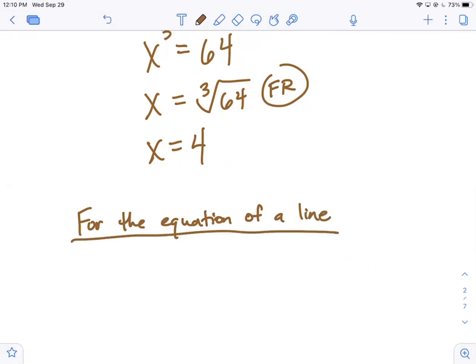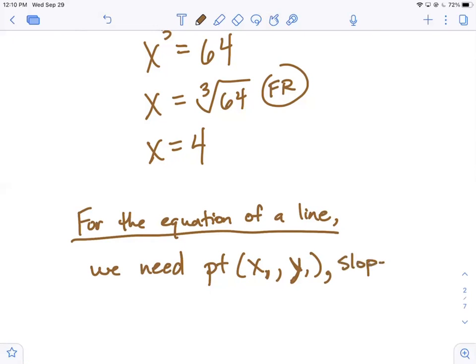Woolsey, what do we need for the equation of a line? Yeah, very good. We need to use Taylor form, okay? We need a point, which is x sub 1, y sub 1. I'm not going to call you Woolsey anymore because I don't want to annoy you or aggravate you. And we need a slope, right?